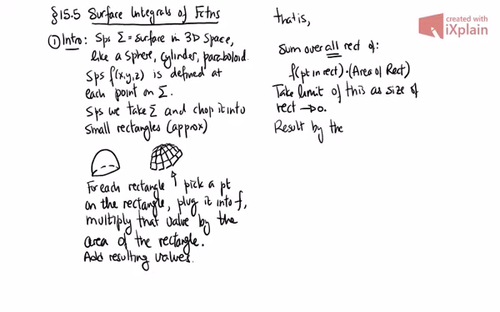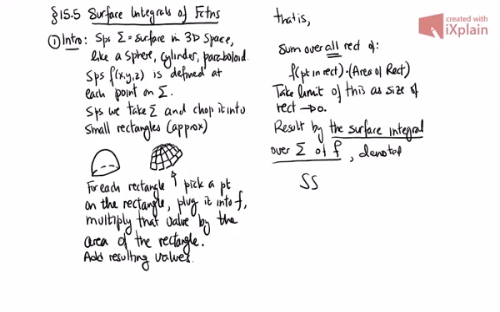Let's be clear, it's the surface integral over sigma of f. And this is denoted by the double integral over sigma of f of x, y, z dS. So we had a lowercase s in an earlier integral, in the line integral of a function. This is a capital S.